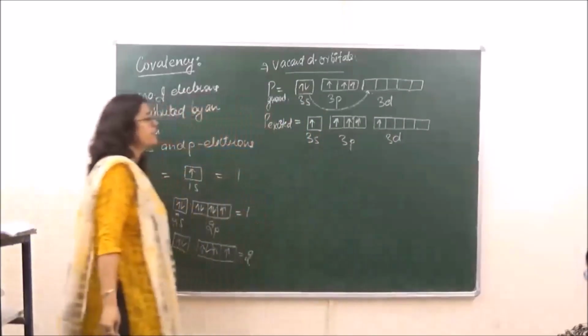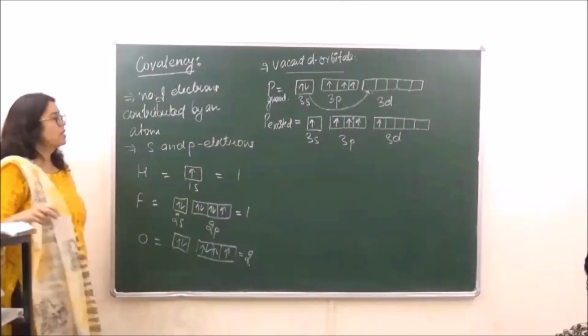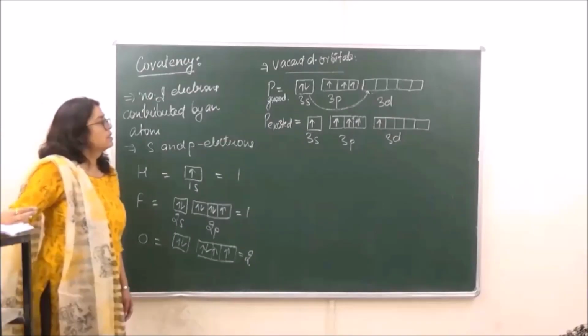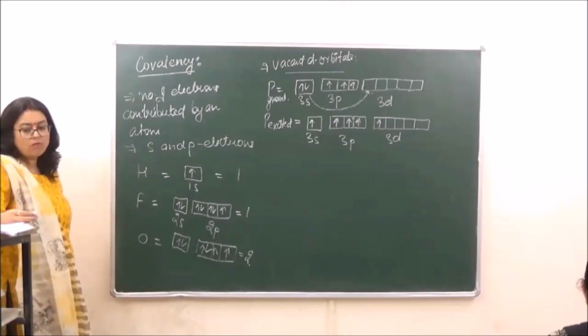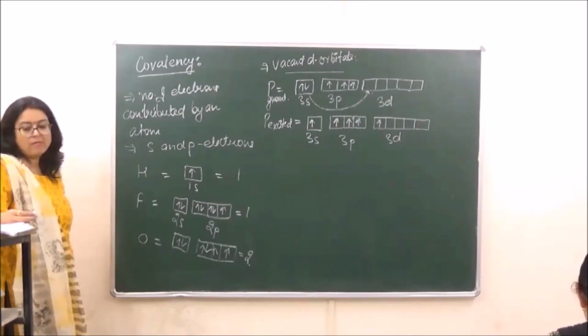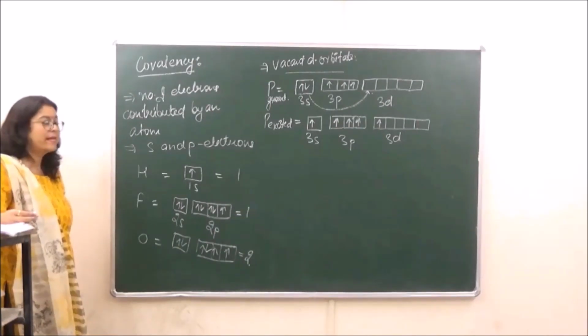So you can see over here that there are 5 unpaired electrons, as a result of which phosphorus can show a covalency of 5 because of 5 unpaired electrons, right?